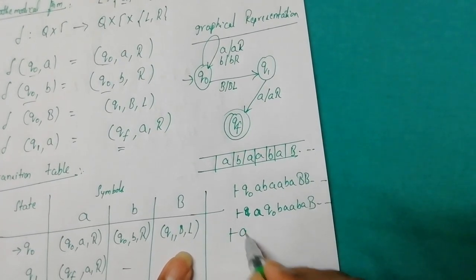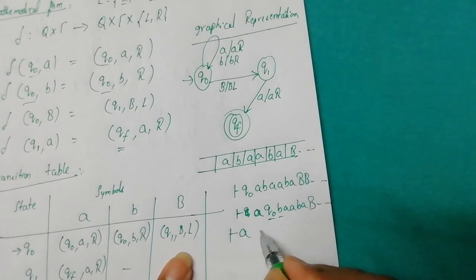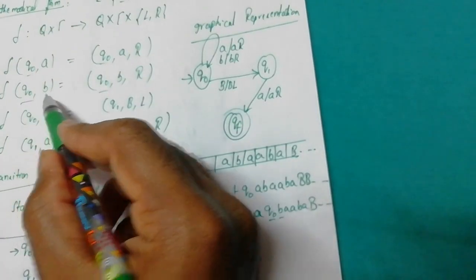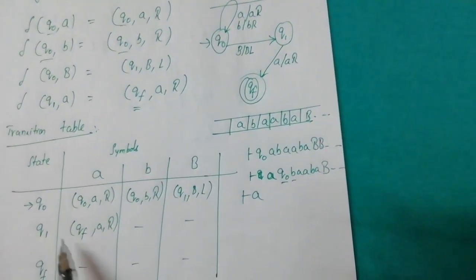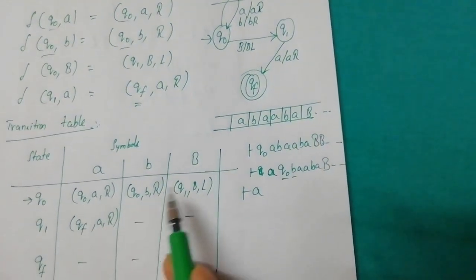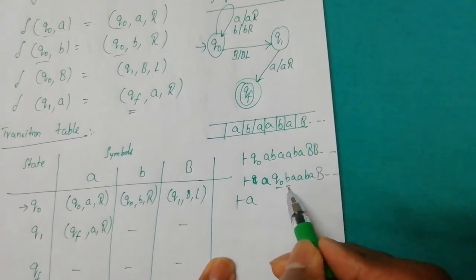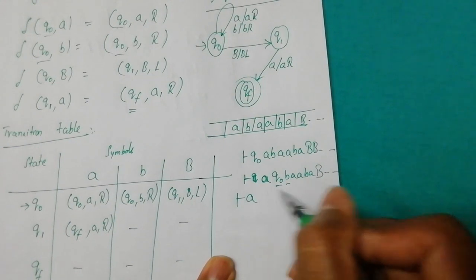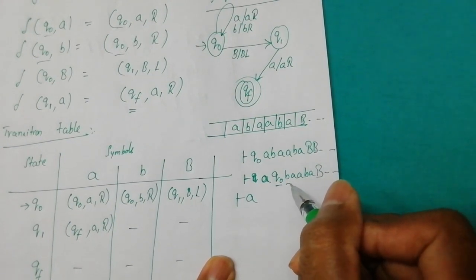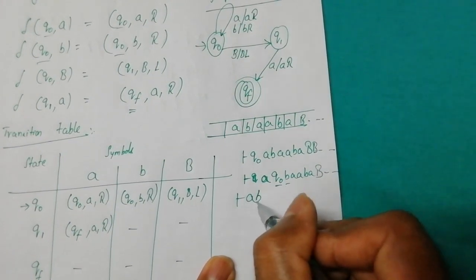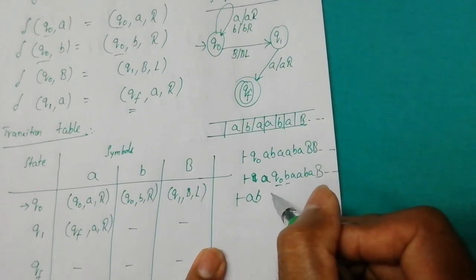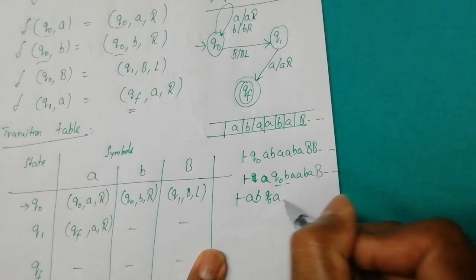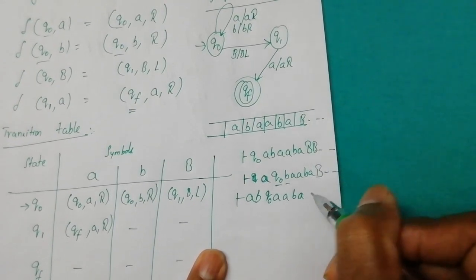Next, Q0 come across with input symbol B. Again, we are staying in the same state, or you can also see in the transition table. Q0 when come across with input symbol B, we are staying in the same state, and B is left as it is, so still it remains as B itself, and we move to the state Q0 again, and next input symbol to be traced.